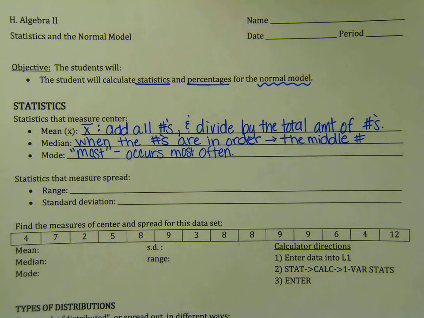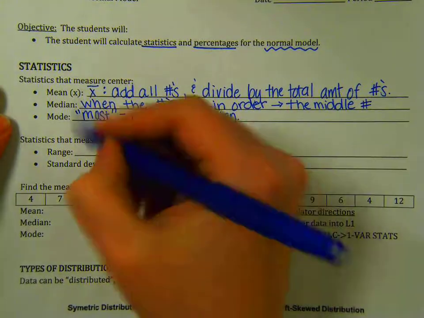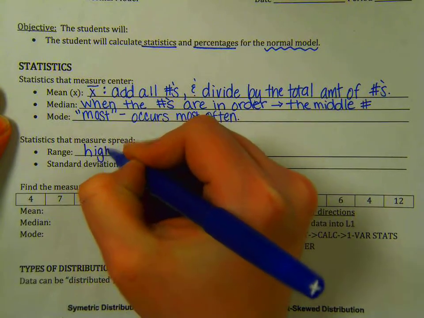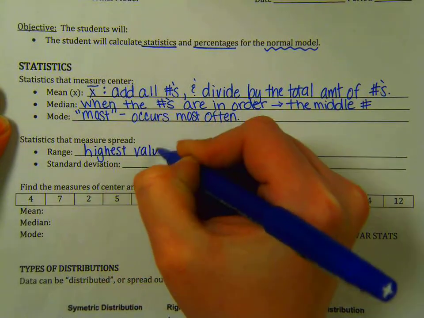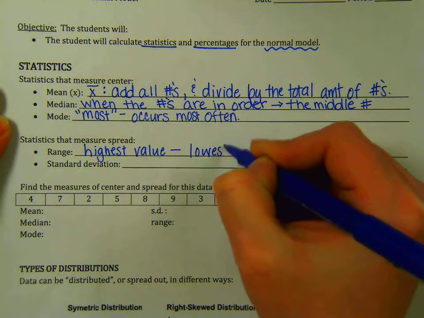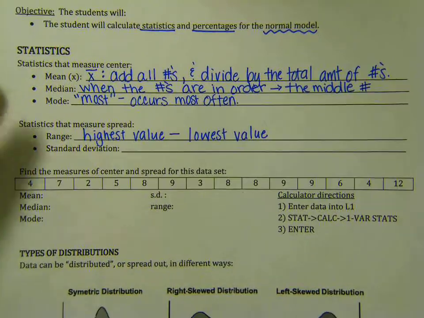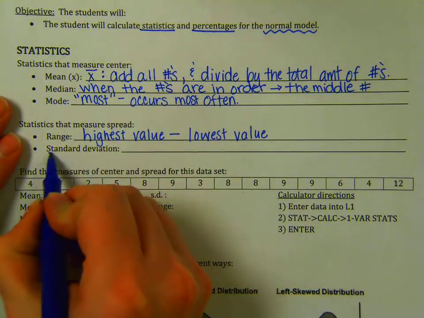Thinking back to SOCS, we could look at the range, or the statistics that measure spread. And that would be range, which we talked about a little bit, and that's just your highest value minus your lowest value. And standard deviation. Now this is a new word.